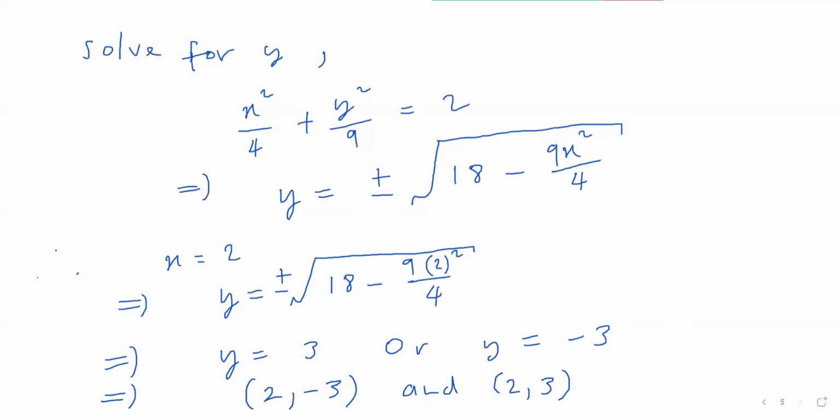So at the point 2, 3, dy dx is equal to minus 9 over 4 multiplied by 2 over 3, and that is equal to minus 3 over 2.